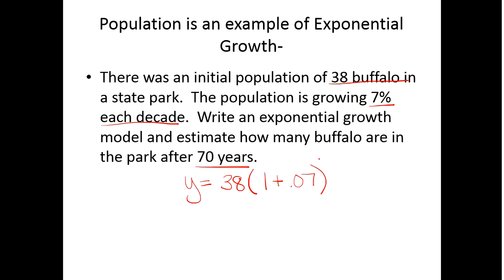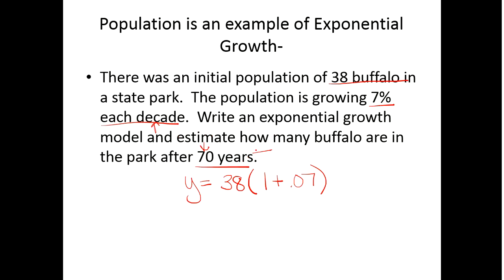Now be careful, guys, this is not 70 years right here, because I have 7% each decade, so I need to make sure that the each blah blah blah matches my time given, because right now this is talking decades, this is talking years. Those aren't the same thing. So let's convert years to decades.